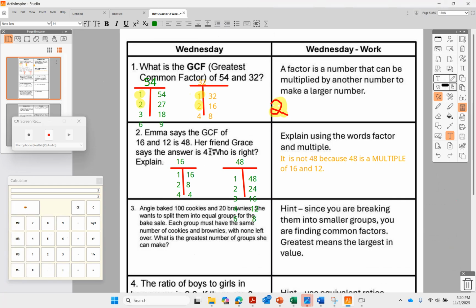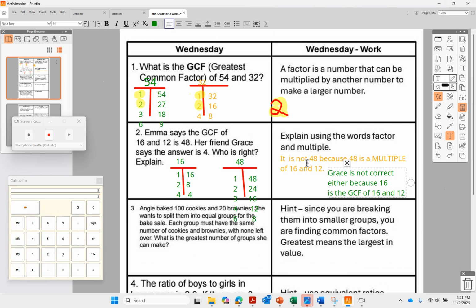So actually, Grace is not correct either, because it's actually 16 is the GCF of 16. And wow, I just did the whole problem wrong.